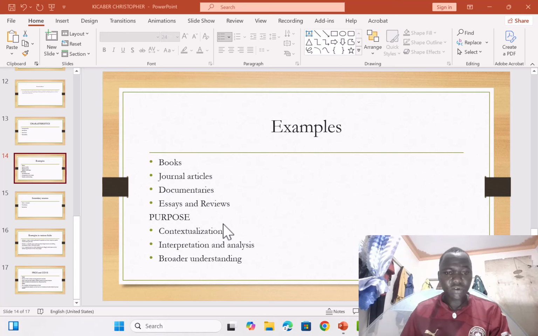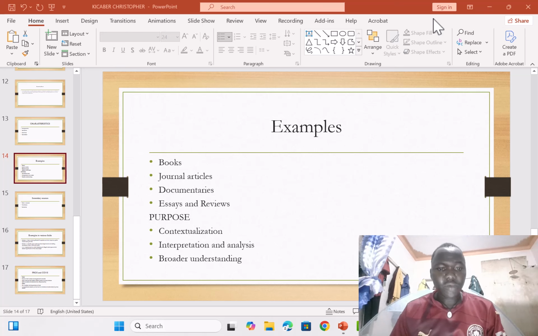Then we go to purpose. Under purpose, we have contextualization, interpretation and analysis, and broader understanding. Contextualization provides the necessary context for primary data. Interpretation and analysis enable interpreting and analyzing the information in primary sources, so researchers can make comparative analysis of the information they are looking for.